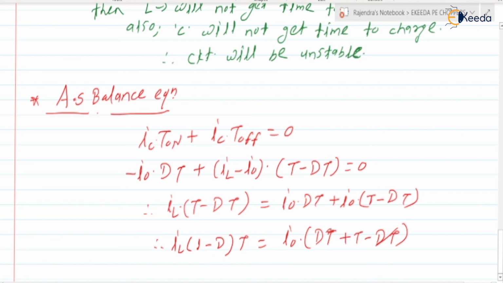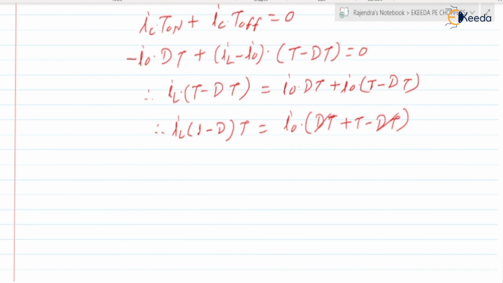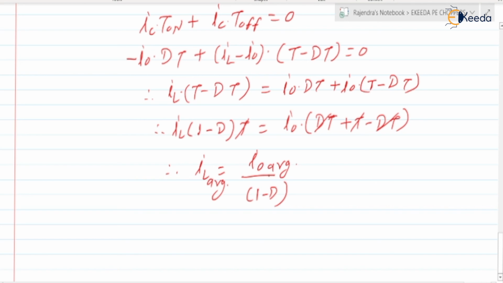The dt will get cancelled, and this t and this t will also cancel. Therefore IL is equal to I0 upon 1 minus d, or IL average is equal to I0 average upon 1 minus d. I0 average is a constant, the magnitude of I0. So IL average is equal to 1 upon 1 minus d into I0 average.